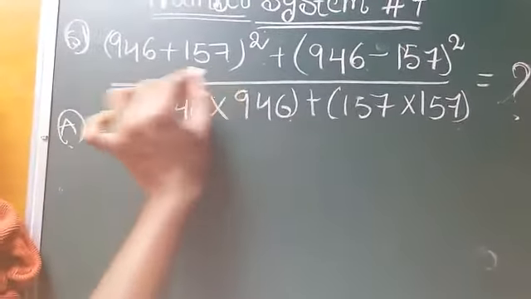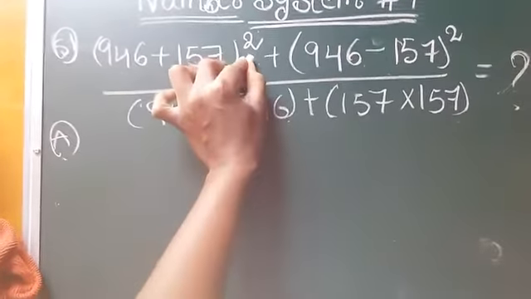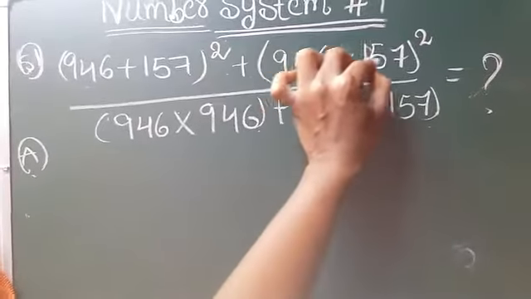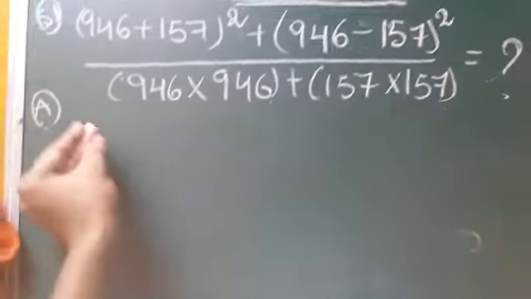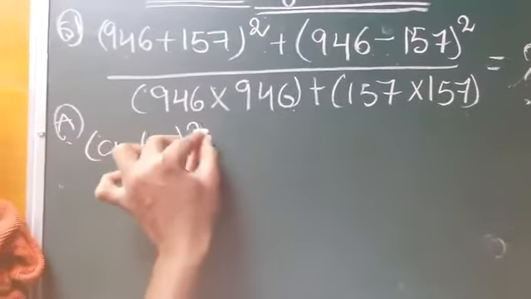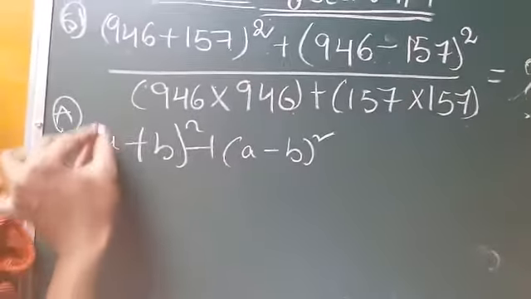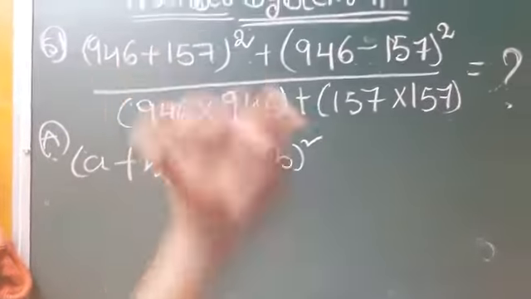Observe the given question. This is in the form of (a + b)² + (a - b)². Here a is 946 and b is 157.